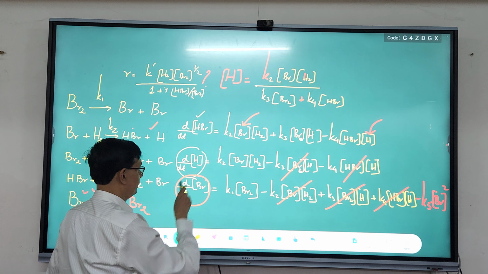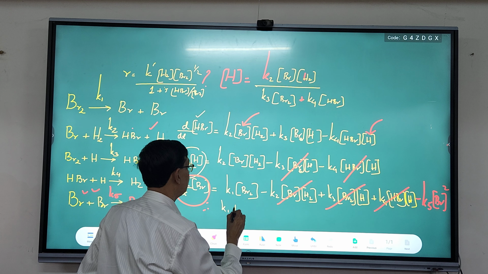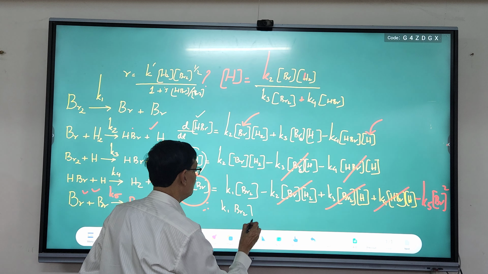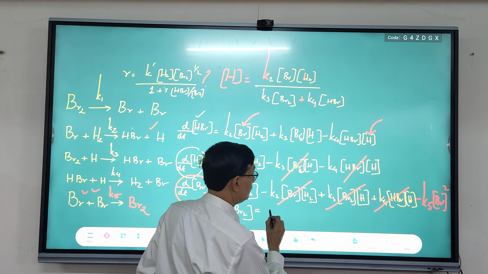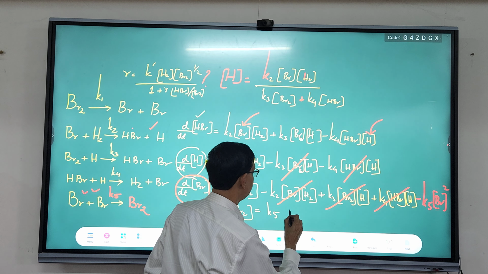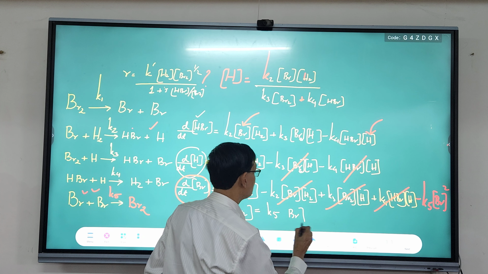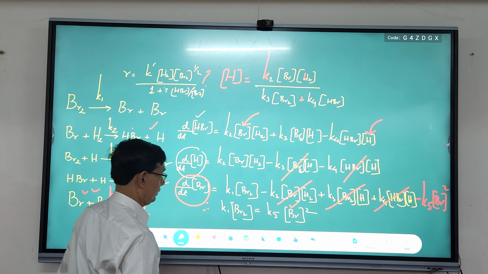Applying steady state, we can write k1 [Br2] is equal to k5 [Br] square, because we have to determine the Br.